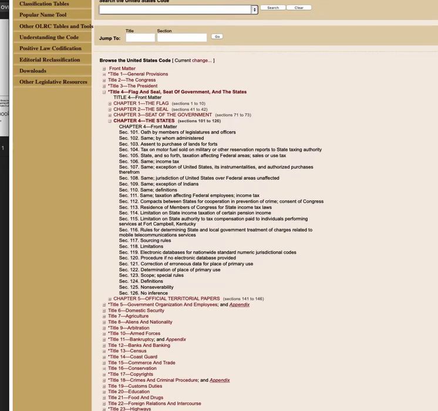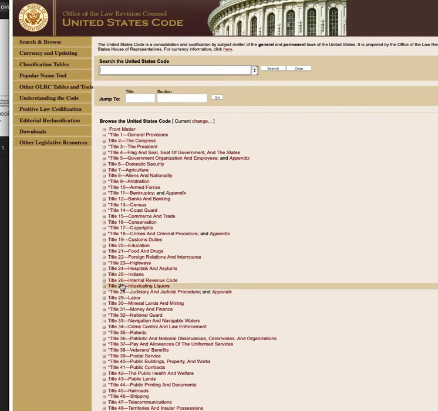Inside the states are the federal areas, and on those federal areas are employees of the federal government, whether officers or just employees, and those people are taxed. Oh, but what about Title 26? People say, what about Title 26? Title 26 is not a positive law.